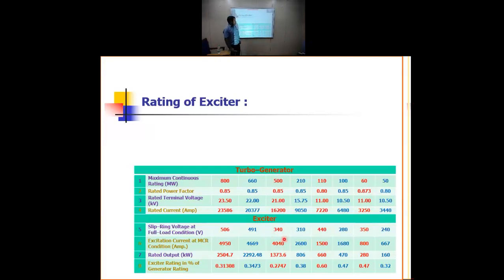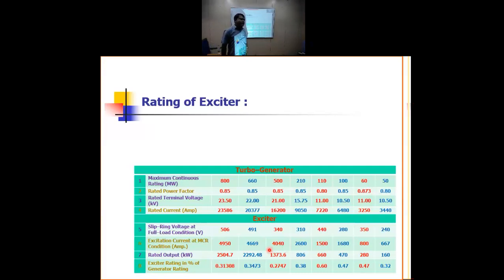So you can see on the exciter side, the voltage is never beyond 500 volt. That means voltage is less, but current is very high. With 506 volt only, the current requirement is 4950 ampere, 4669 ampere, 4040 ampere. That means voltage is very less, current is very high in the excitation or exciter scheme. So in the rotor field structure, why is the current more and voltage less?